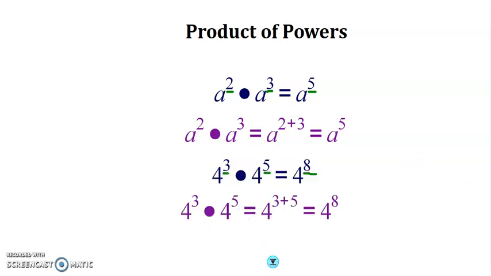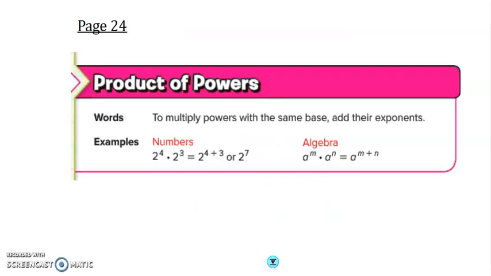There's our product of powers rule, which is on page 24 of your book. The key here is that when you are multiplying, it only works when you are multiplying powers with the same base, so your base has to match. Then you are going to add their exponents.